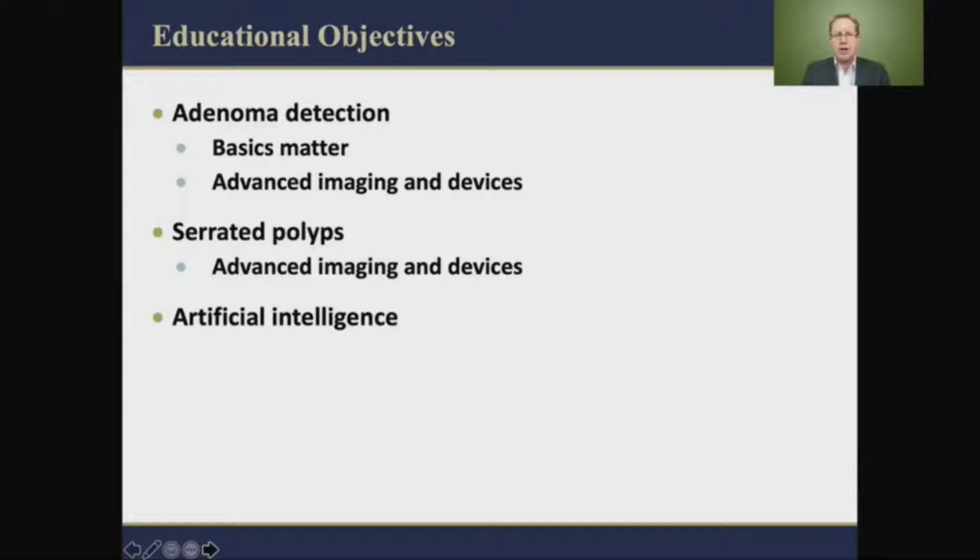I'm going to say a brief word then on advanced imaging and devices for adenoma detection, and then we're going to look at serrated polyps and look at imaging and devices. And finally, I'm going to talk about artificial intelligence, which is perhaps our most recent trick. And I think, as many do, that this is going to be a bit of a game changer for polyp detection.